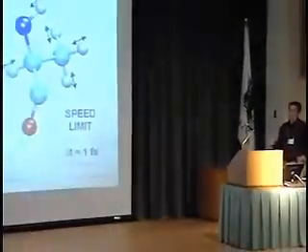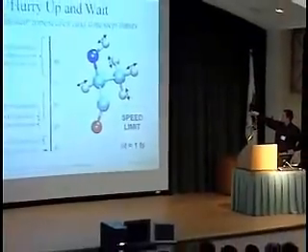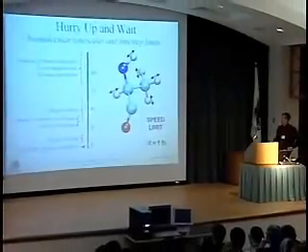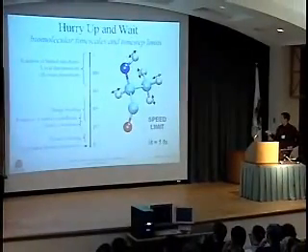Now that time step, if you look at all of the processes that can occur in a biomolecule, you cover 15 orders of magnitude. That time step has to track the fastest process in the system, which is stretching of the interatomic bonds, those simple spring constants.